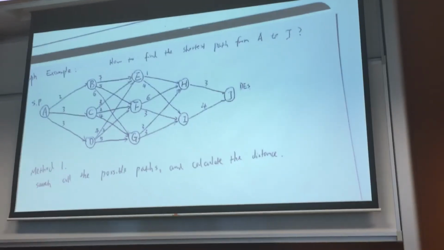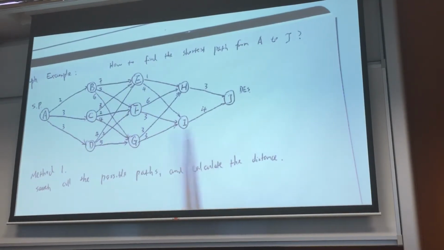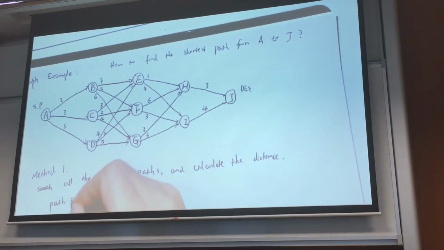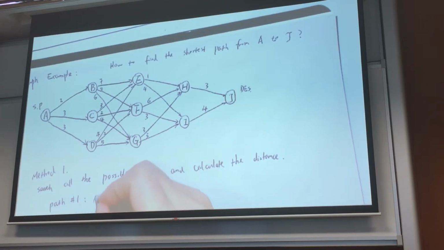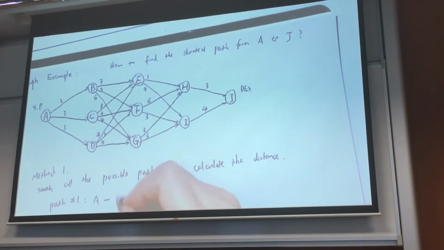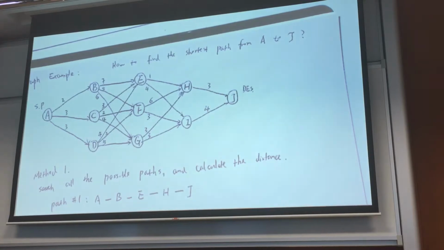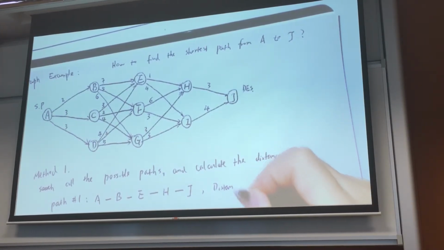In this graph there are a lot of combinations. For example, you may find the first path: we start from A, then go to B, then to E, to H, and finally to the destination. So we can determine the distance.